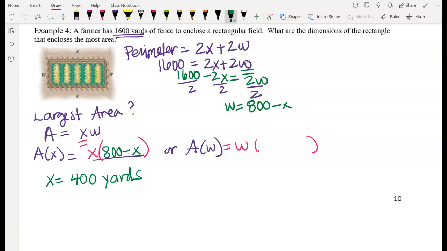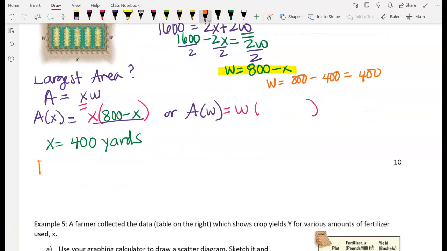Dimension means you need your base and you need your height. W looks like your height, or in this case maybe the width. If x is 400, W would also be 400, because W is 800 minus x, and x is 400. That will leave us 400 for the width as well. So dimensions will be 400 by 400.